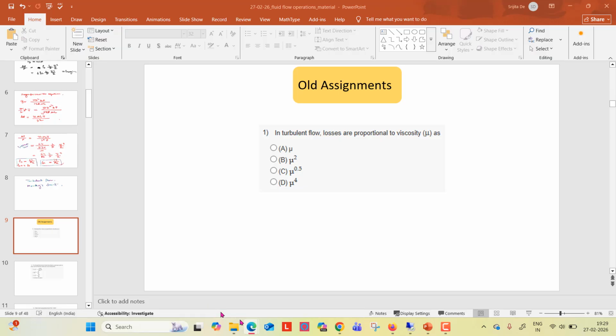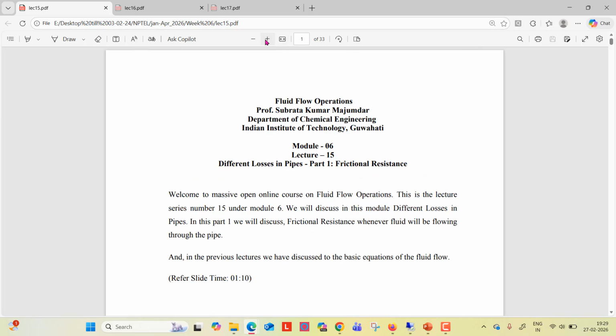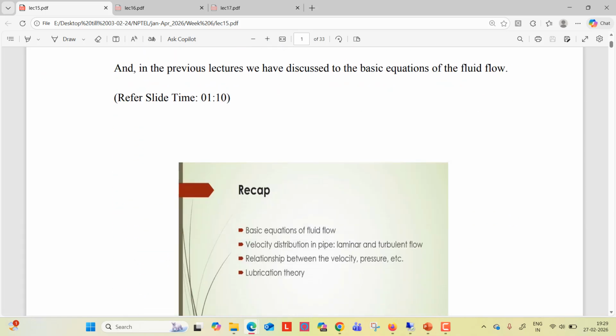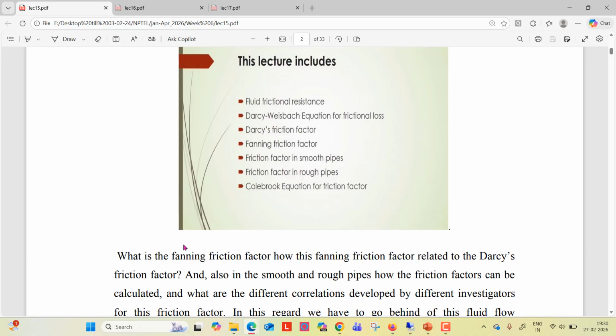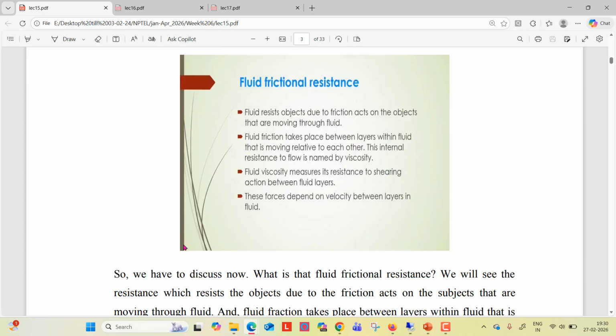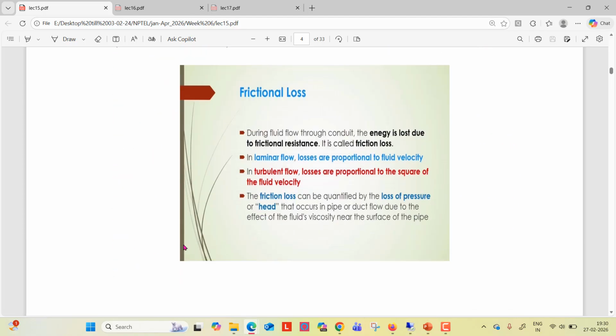So let's go back to the notes. Here comes the frictional loss. During fluid flow through a conduit, the energy is lost due to frictional resistance.